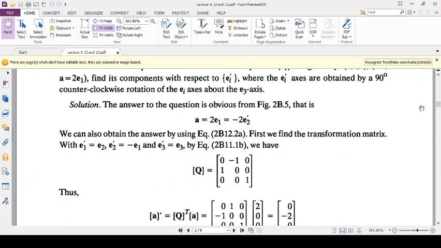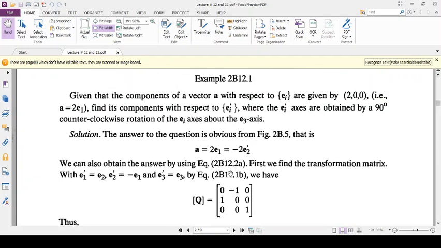So first you can write E1 dash equals E2. So this thing you can write with the help of your previous lecture, in which you have written the transformation matrix.